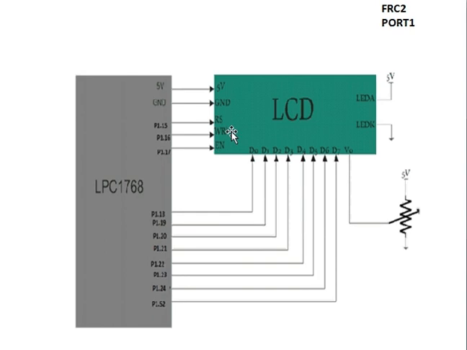Suppose you want to write data onto this LCD unit, then you are supposed to make this line 0. Sending 0 here implies you can write into it. You can transfer data, or you can send some commands.